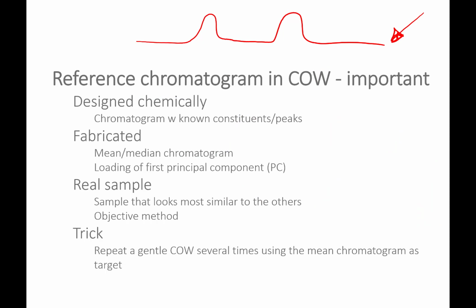Sometimes you can design one yourself. Very often people just use the mean chromatogram or the median. You can also take maybe the most average sample, a sample that is representative of all the samples. If you're doing chromatography, the first samples are measured initially and then you continue in time.